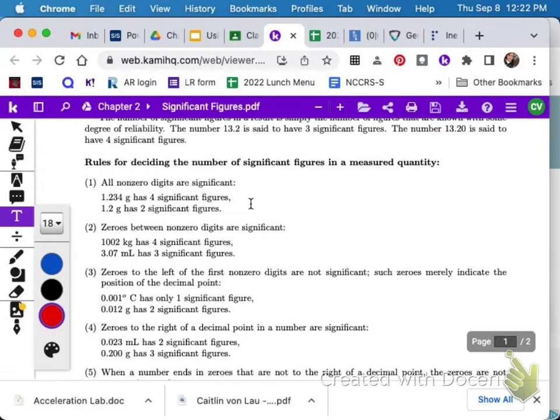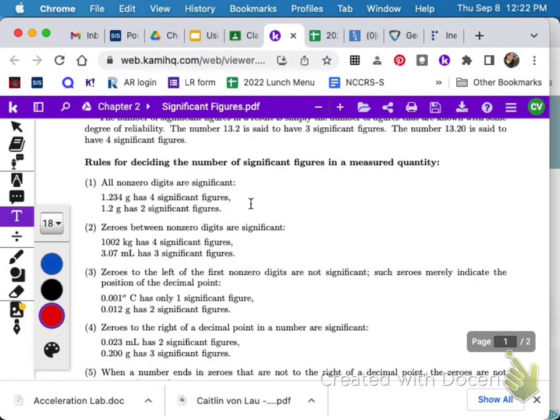If there are zeros to the right of a decimal point in a number, and they are after a non-zero digit, then they are significant. So you can see there that 0.023 only has 2 significant figures, because that 0 comes before the non-zero numbers.